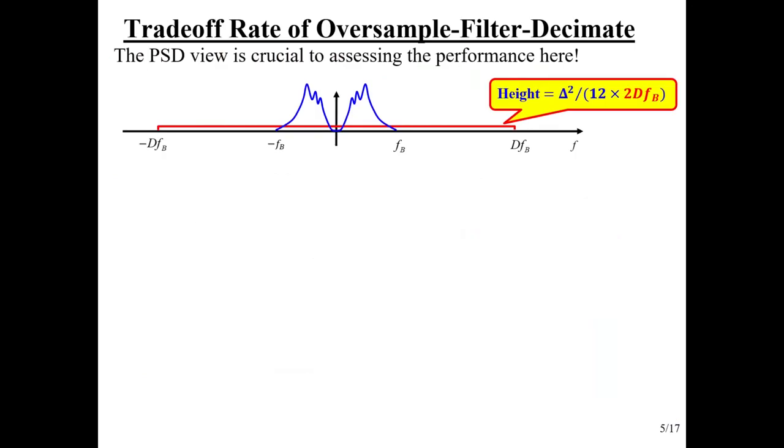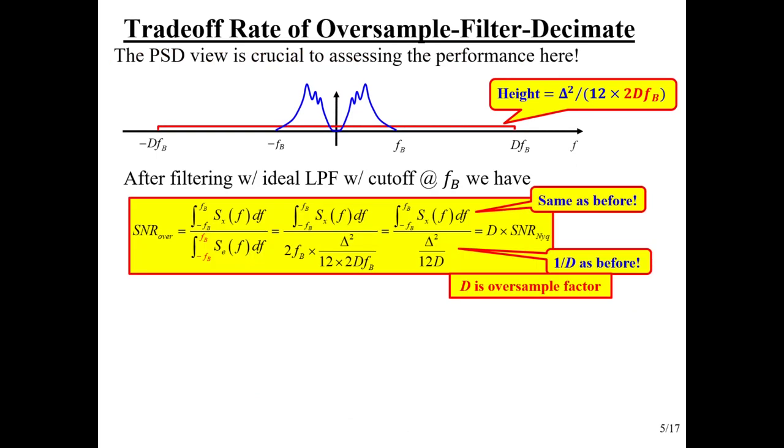So here we are. Here's our analysis. Nothing changes up here. Everything is minus FB to FB. That's the power of the signal. But what happens down here? I take the noise power spectral density, but now I'm only integrating not minus DFB to DFB, only from minus FB to FB.